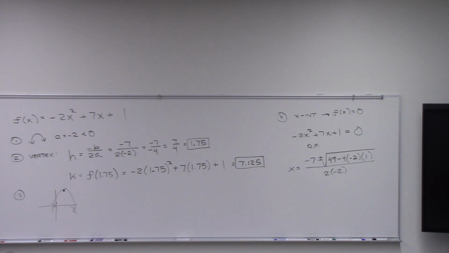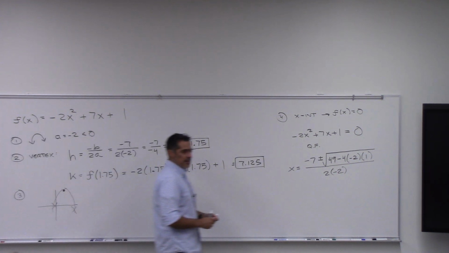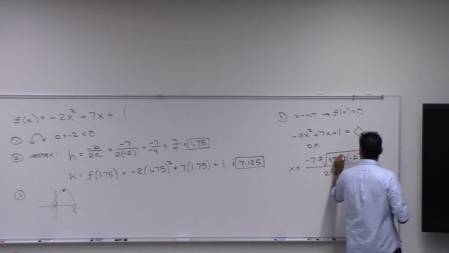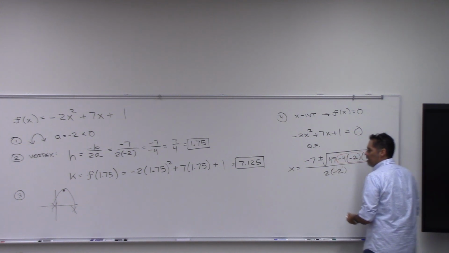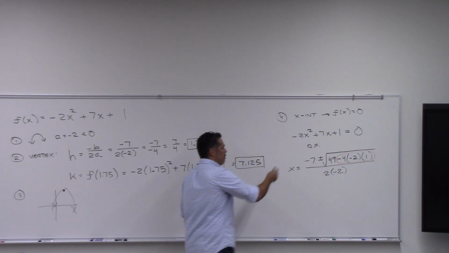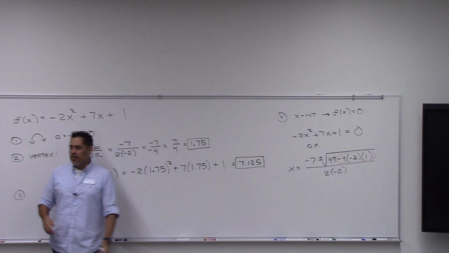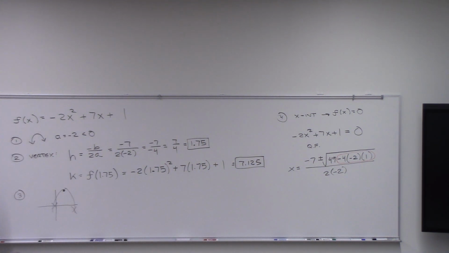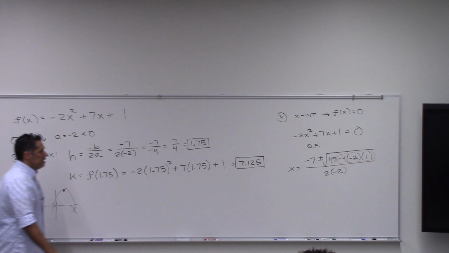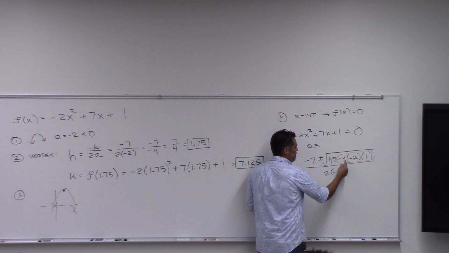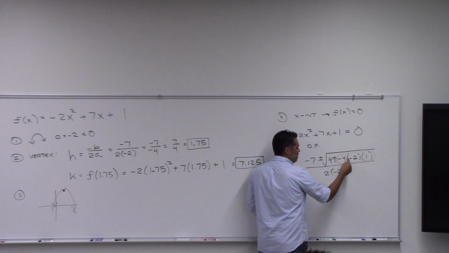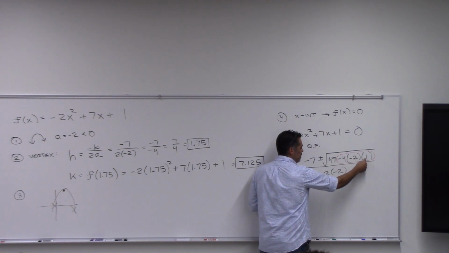The biggest place that students make mistakes at this point is right here. The 49 is the 49. The 49 is never going to change. The question is, what's after the 49? It's either going to be plus a number or minus a number, and you have to figure out which. The way I think about it is I just take these numbers and multiply them together. What's negative 4 times negative 2 times 1?